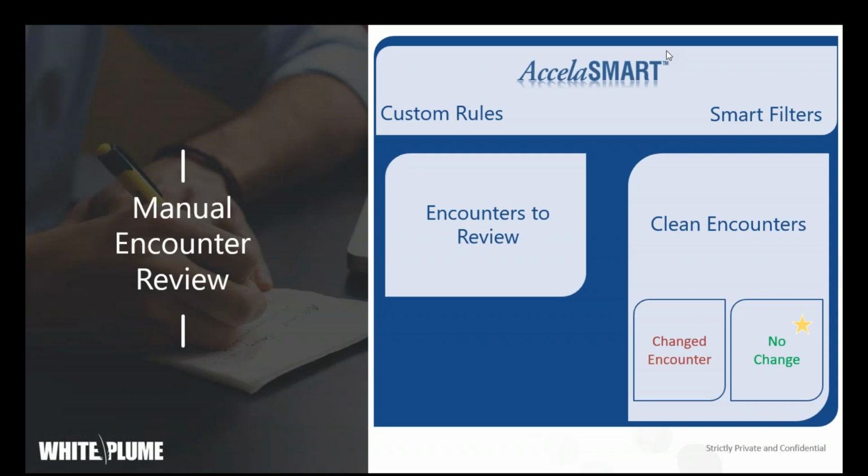We don't think that they need any sort of change to that encounter. But what we often see is many times we still have users that are changing that encounter. And based upon the poll results of what we saw today, this is probably familiar to many of you. It's a difficult part of the process for people to let go of sometimes. Most people in the revenue cycle 1.0 world would spend lots and lots of time making sure that every encounter was pristine before it went out the door.